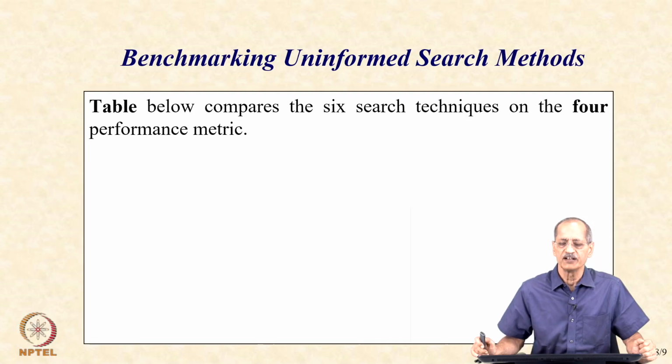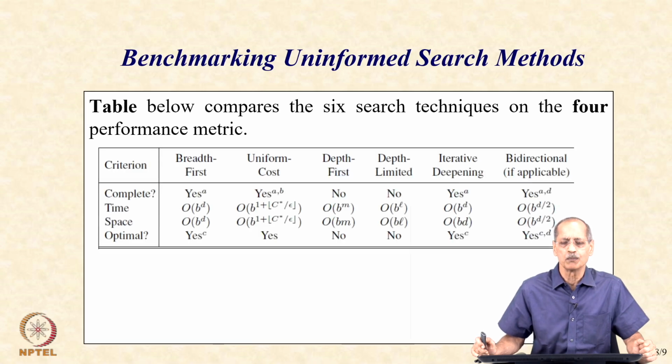So, how do we benchmark these or evaluate the quality of these search techniques? There are general broad guidelines. There are about 4 criteria which have been used to trade one against another. We say these criteria are complete, time, space and optimal.